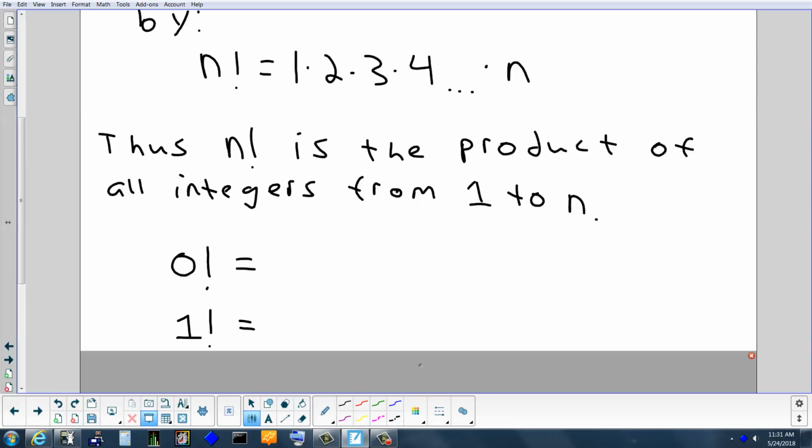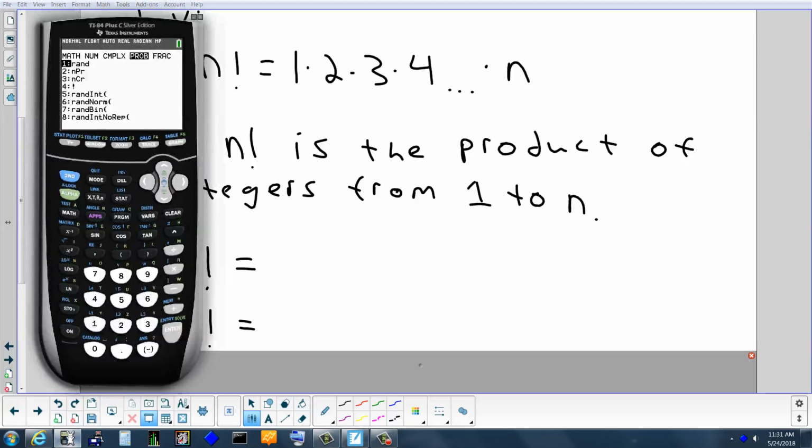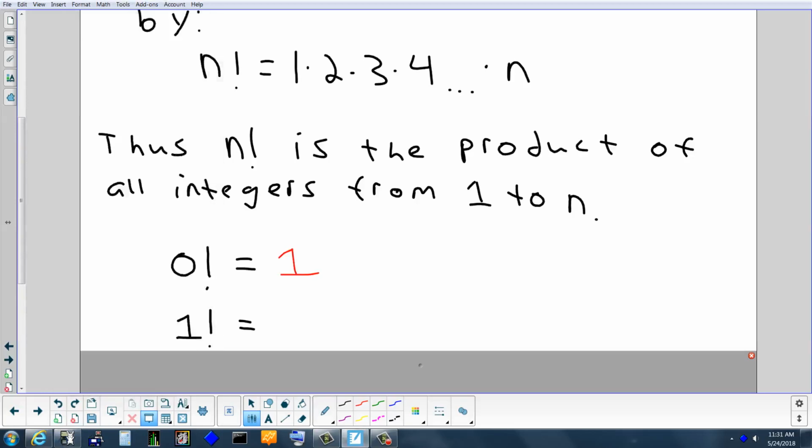Well, how do you multiply every number from 1 up to 0? That doesn't really make sense. You can multiply every number from 1 up to 5, or from 1 to 20, but from 1 up to 0 doesn't really make sense. So, for 0 factorial, it's more of a definition. 0 factorial is just 1.